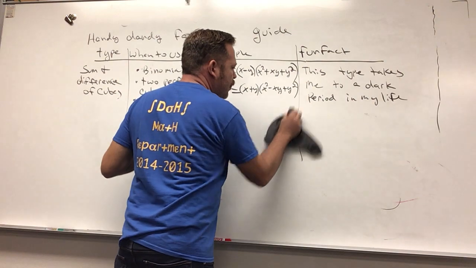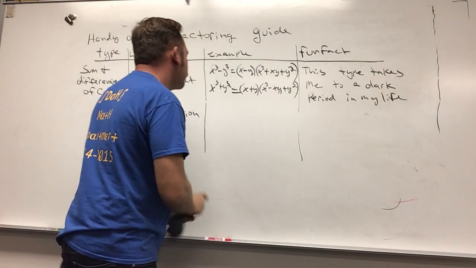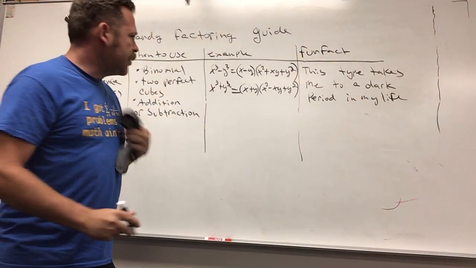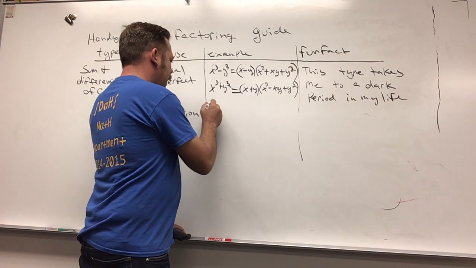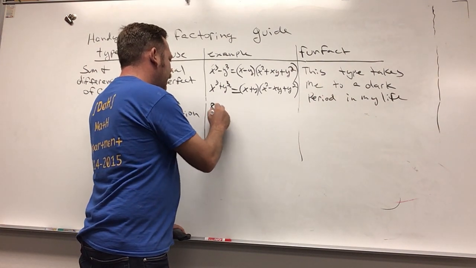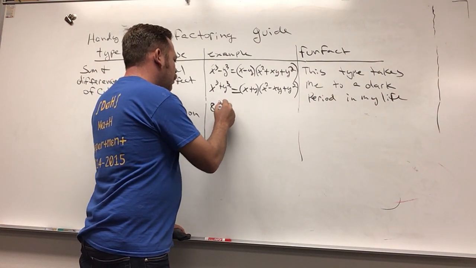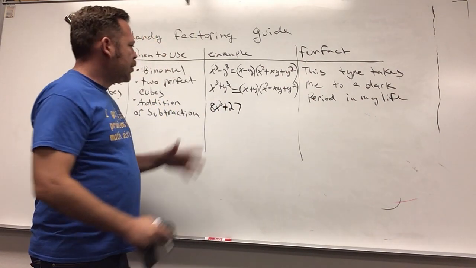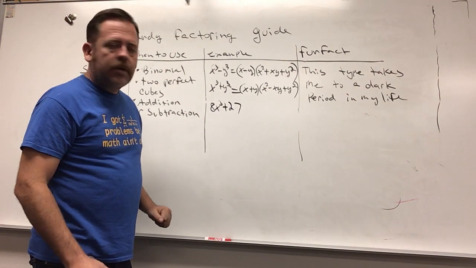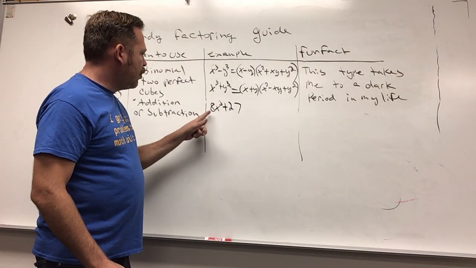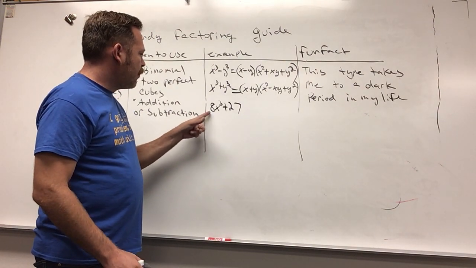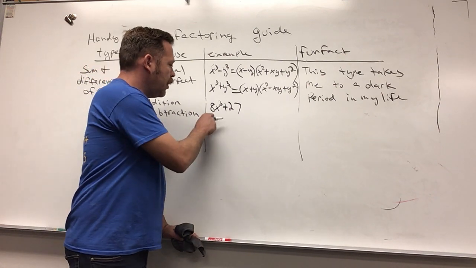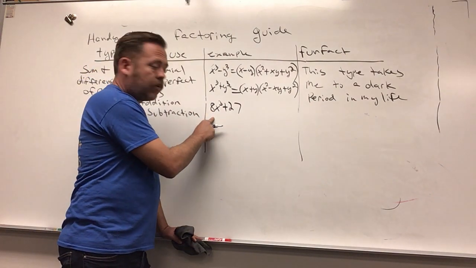Let's do a nice simple sum of cubes. Let's make it a little harder. Let's go 8x cubed plus 27. So this time we're going to do sum of cubes. We'll start by taking the cube root of this first term. This time the cube root is going to have both a number and a variable.